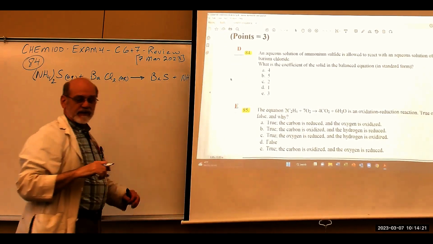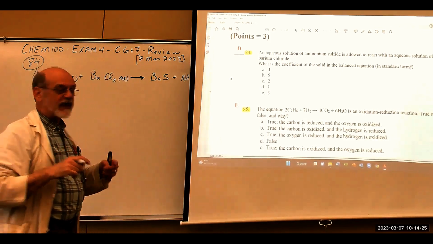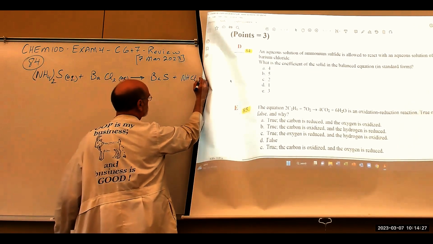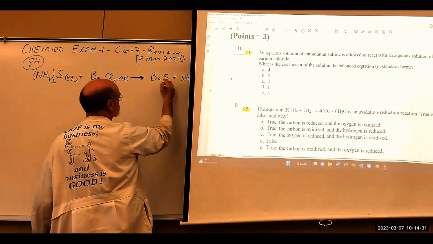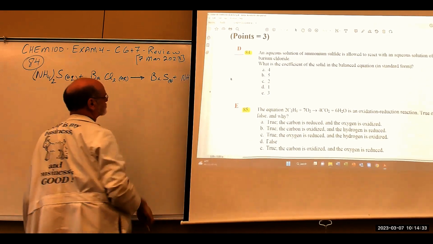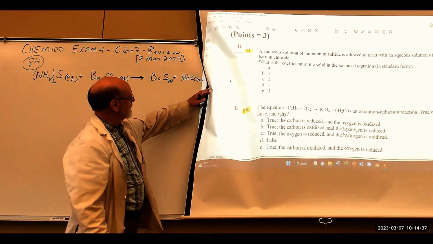You look it up in your solubility chart and find that ammonium chloride is soluble. So it's an aqueous solution, but barium sulfide is a solid. That was kind of hidden over there.